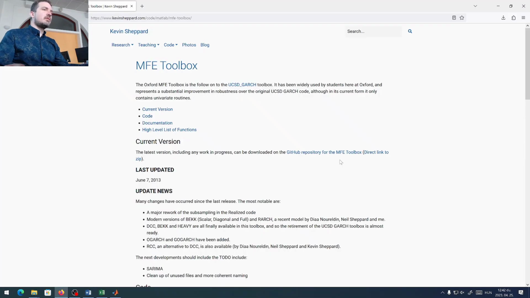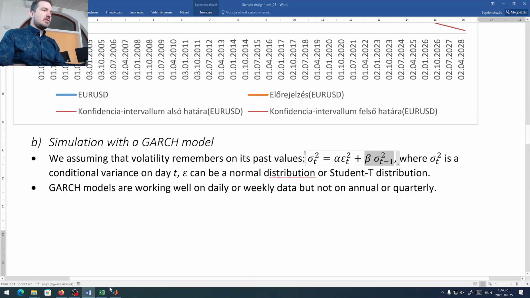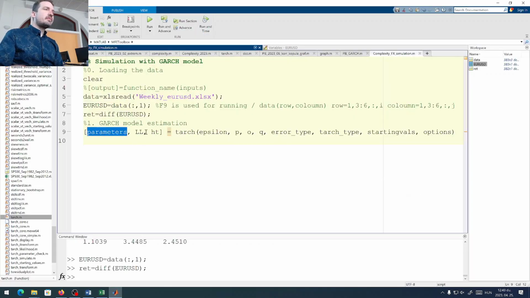So we just have these two things. There is a log likelihood which describes the goodness of the fitness, but we don't care about this. But what I'm looking for is also the volatility of the data, so how the volatility changes from week to week, because it will be interesting to see.